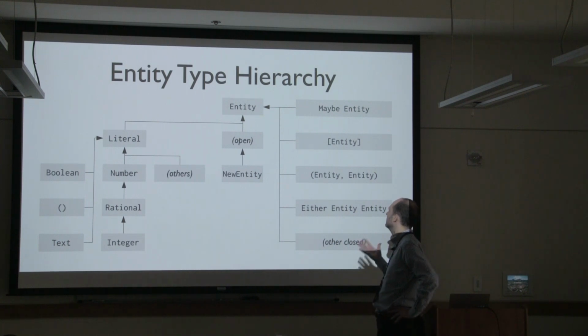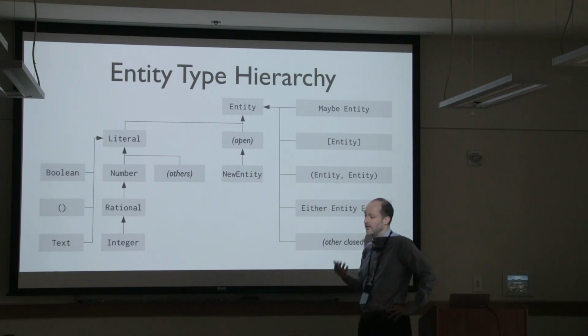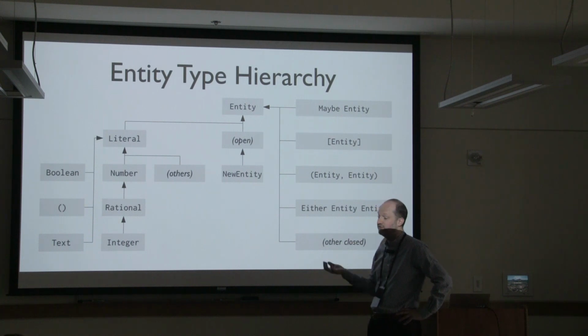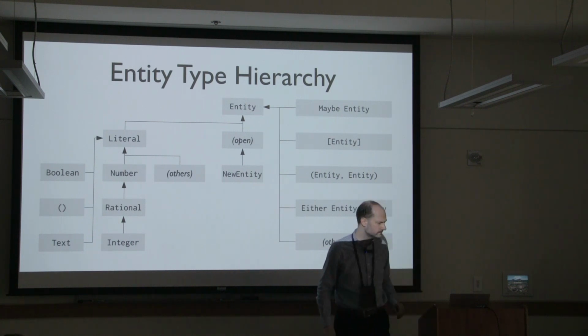There's the maybe and list, pair and either type constructors. If their arguments are subtypes of entity, that makes them entity types as well. So, for example, if there's an open entity type called person, then list of person will also be an entity type. So we can also put lists of persons into storage.